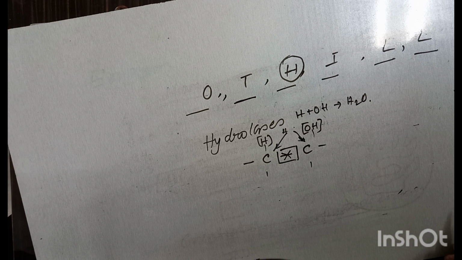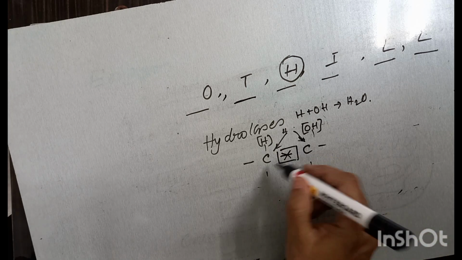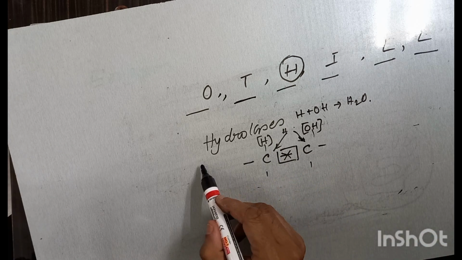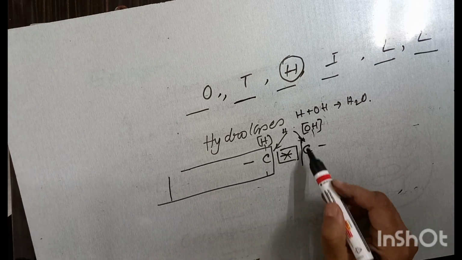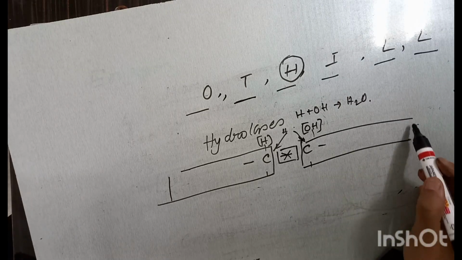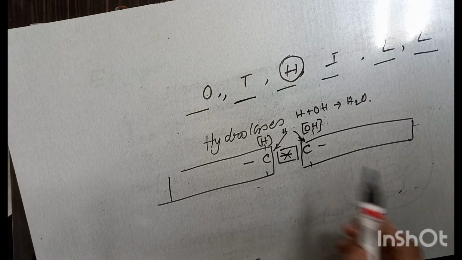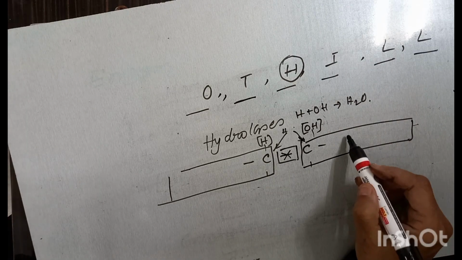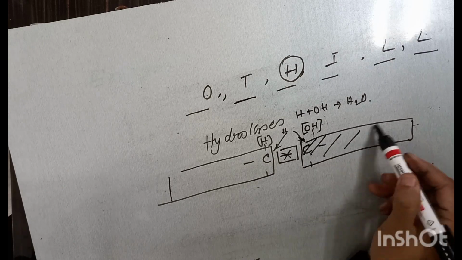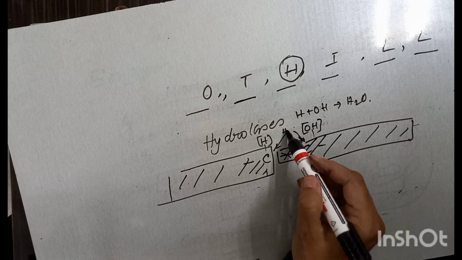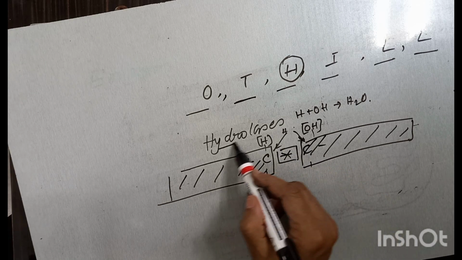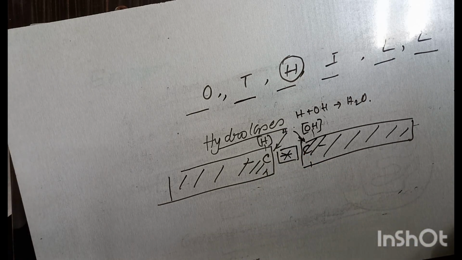Hydrolysis splits up two molecules: this becomes the last carbon of one molecule, and this becomes the first carbon of the other. The bond is broken by the addition of water.